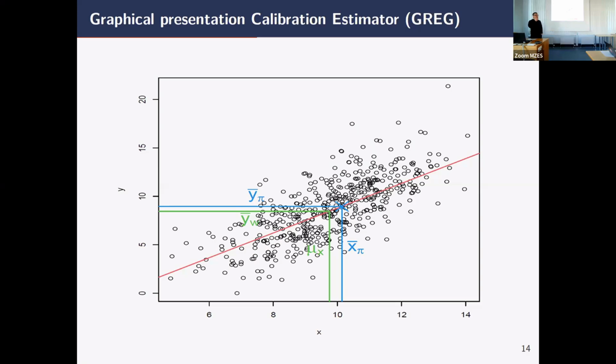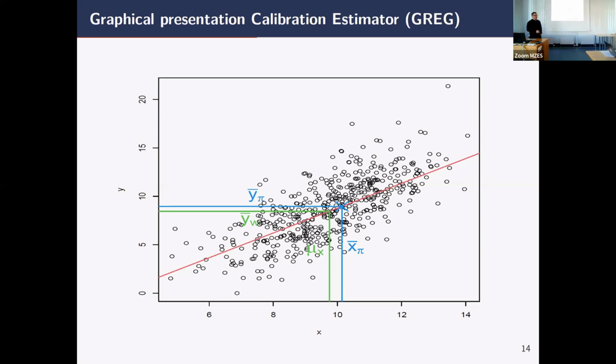So I'm using the relationship that's been estimated based on the sample data between auxiliary information and my variable of interest, and then I'm plugging in some known auxiliary information, the known means of the auxiliary information, to get to a new mean estimate of my variable of interest. And this is what calibration does, what a GREG estimator does. And that's how it can help to reduce standard error in estimation.